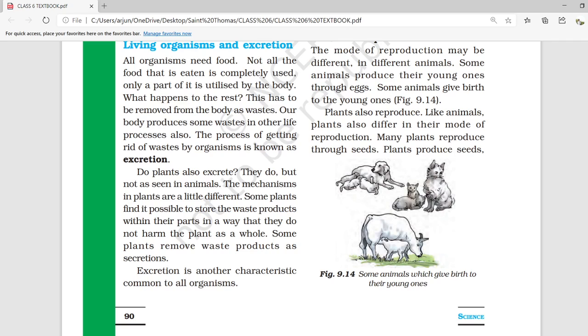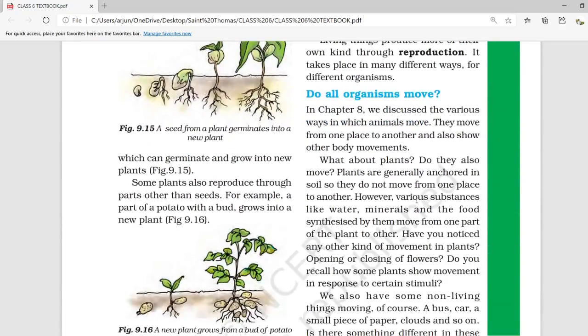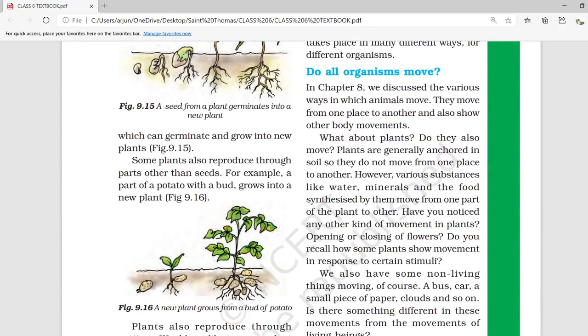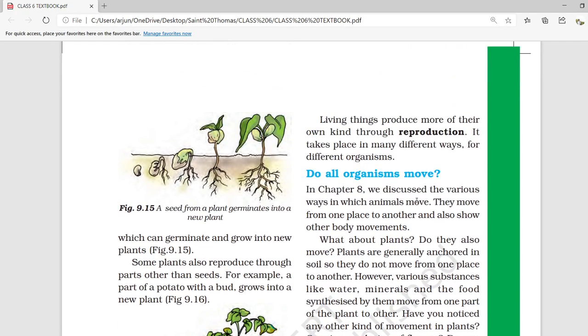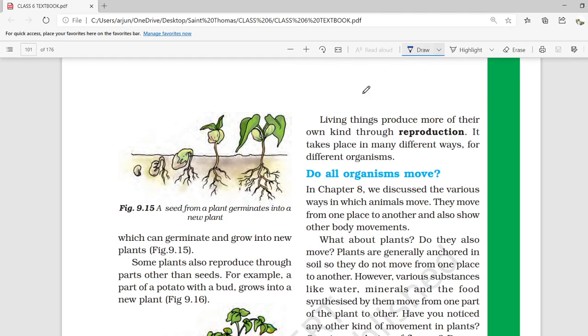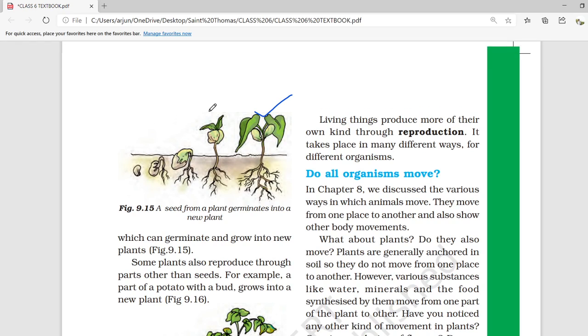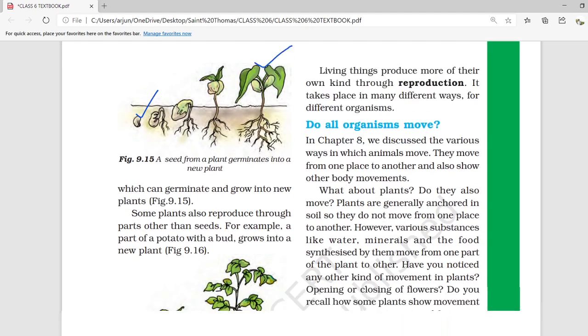Let's see. Many plants reproduce through seeds. Plants produce seeds which can germinate and grow into new plants. As you can see in the figure, the first plant grows, produces a seed, and then the seed grows into a plant once again.